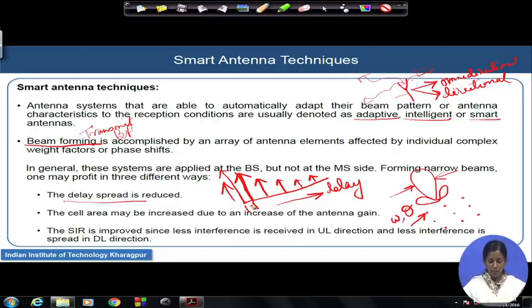Now, this is the situation if you release the energy over 360 degrees from the antenna. For directional antennas, we prefer to feed all the power towards a certain direction. In that way, you are not going to get all the multipaths, because power is not released in all directions.